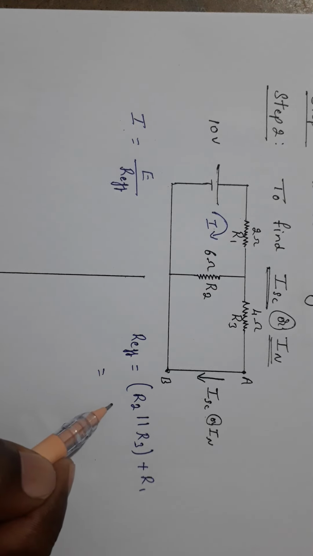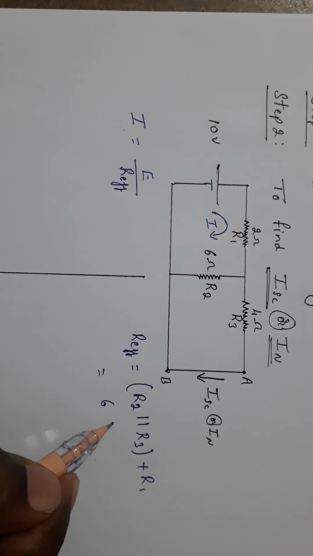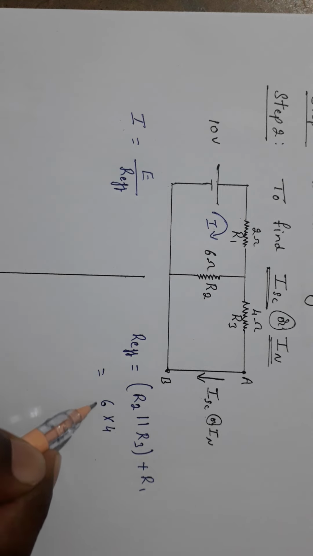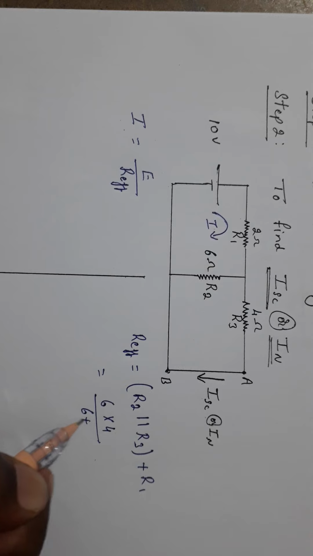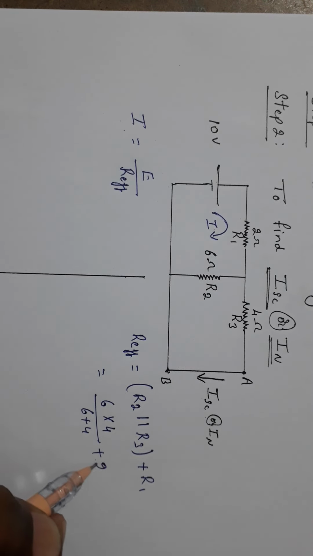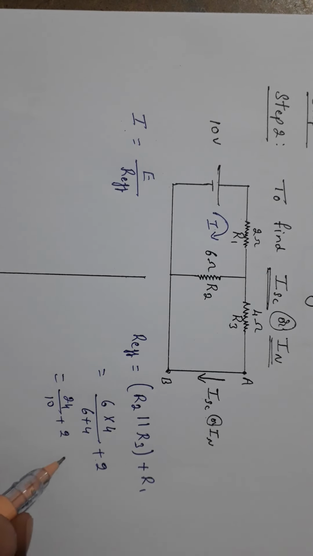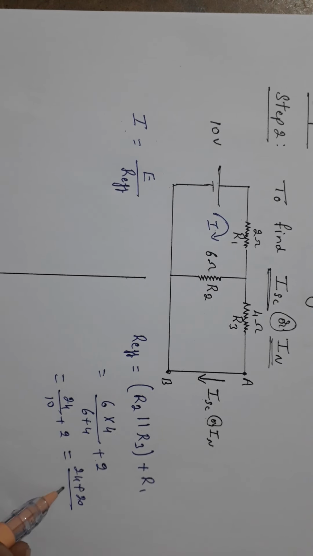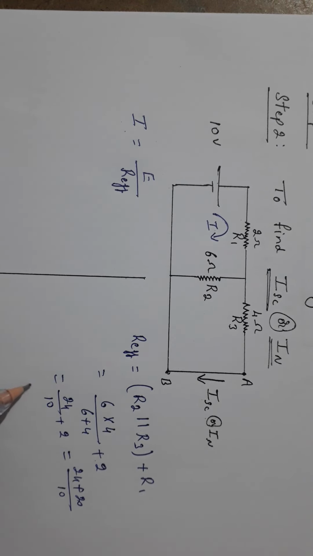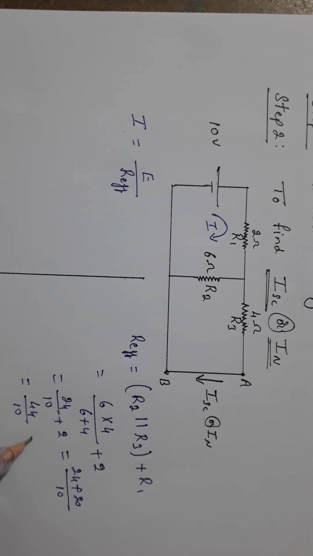That equals 6 into 4 divided by 6 plus 4, plus 2, that equals 24 divided by 10 plus 2, that equals 24 plus 20 divided by 10, equals 44 by 10, that equals 4.4 ohm.